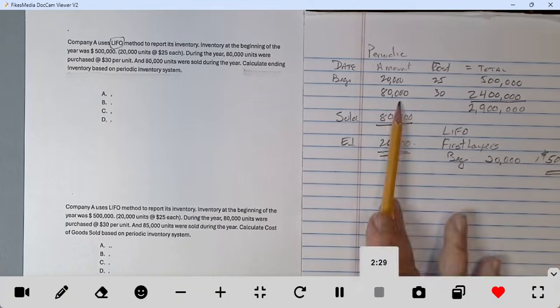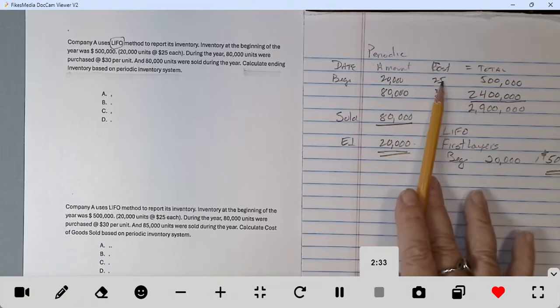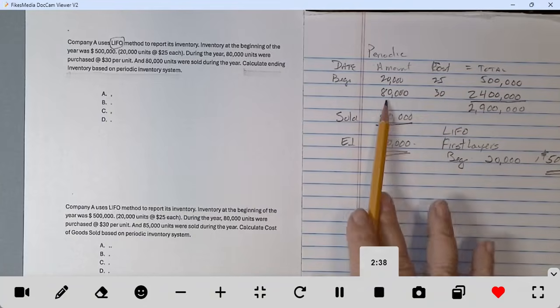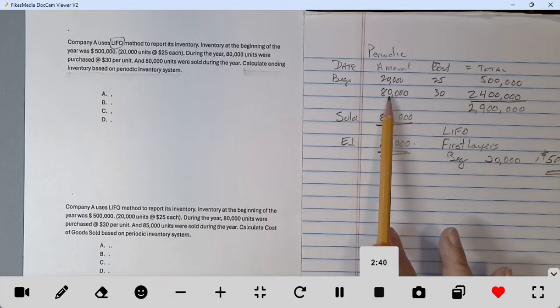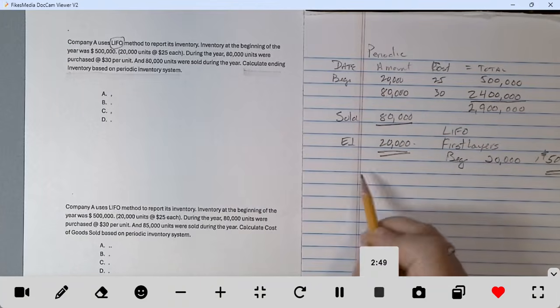So whatever I added, I sold. I have the remaining LIFO-based inventory. What was last in was first out. Last in, first out, LIFO. What's left is the beginning layers. So I look at the first layers to calculate what was the beginning.